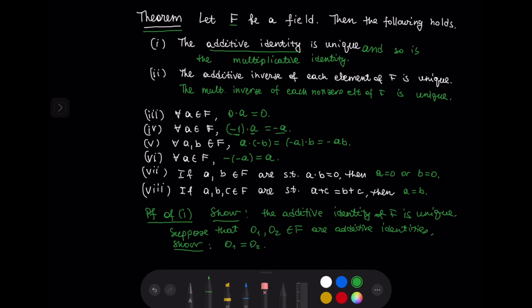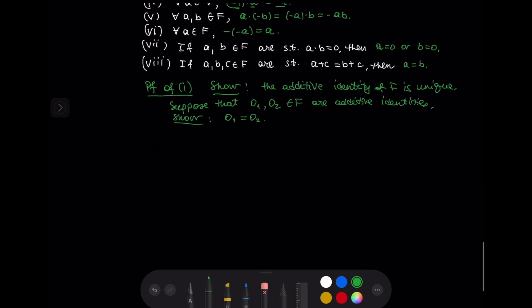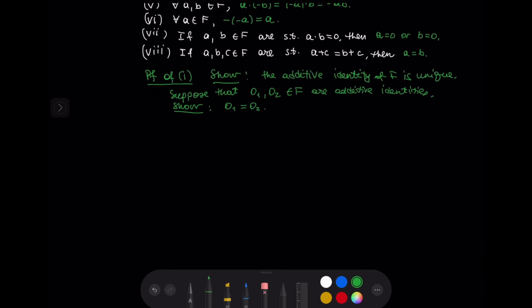So that would mean that additive identity is unique. So let us go ahead and try to show this. 0_1 is equal to 0_1 plus 0_2. And why is that? It is because 0_2 is an additive identity. So if we add it to 0_1, we do not change anything.